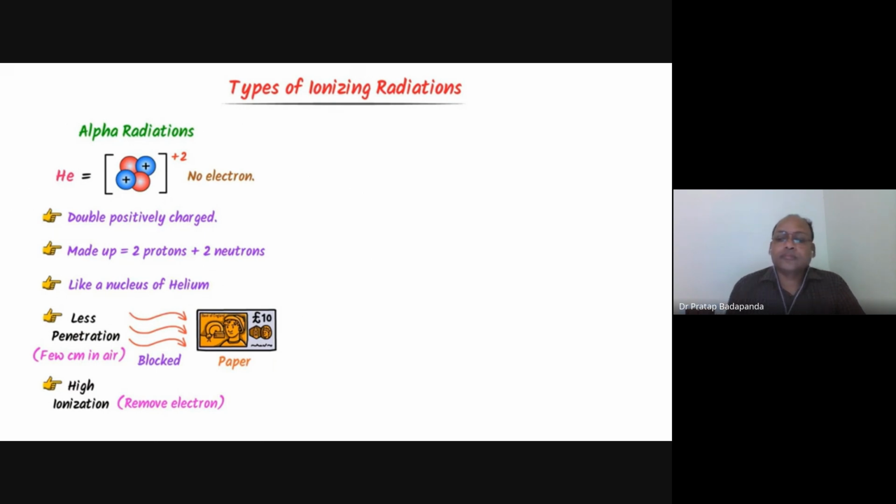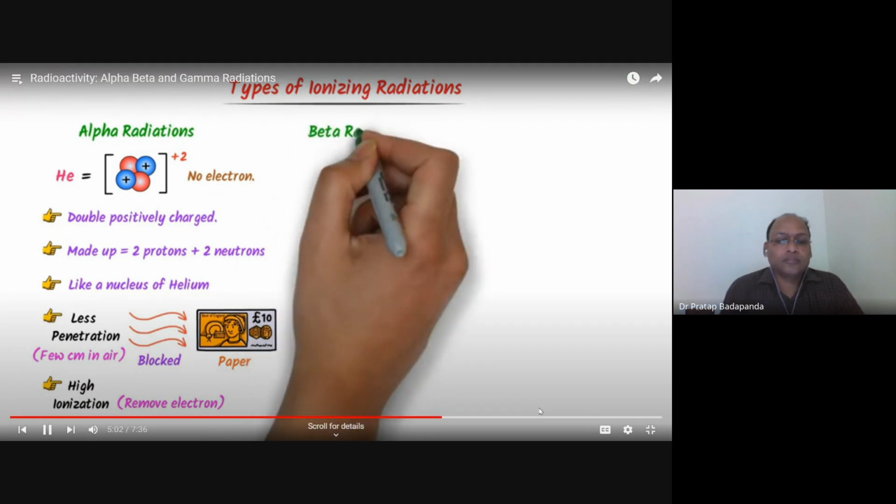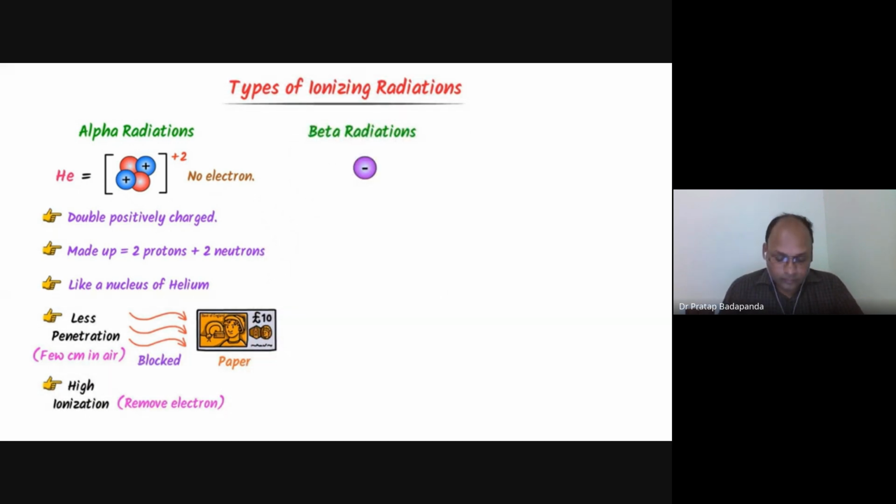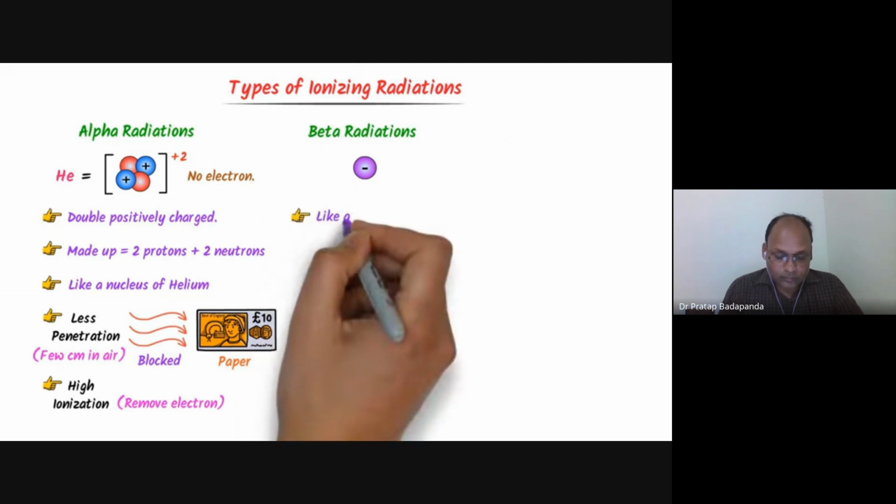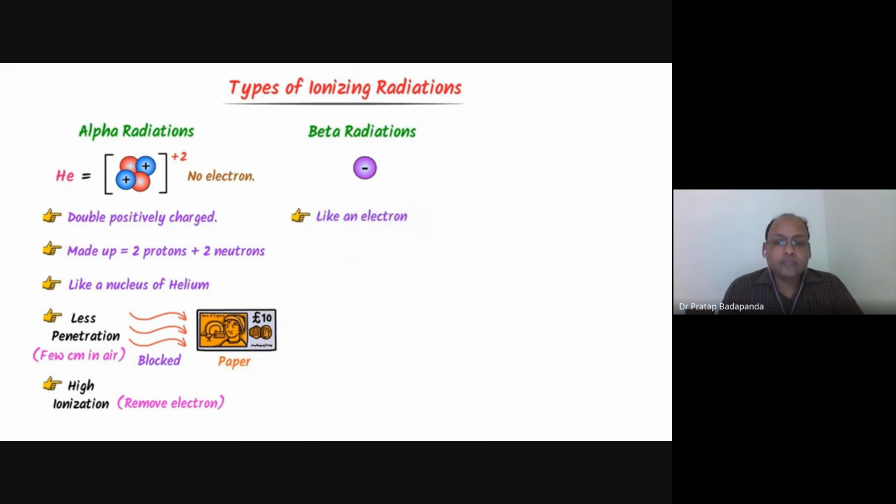The second type of ionizing radiation is beta particles or beta radiations. In nature, beta particles are just like electrons, and we know that the charge on an electron is -1. Secondly, its mass is negligible. Relatively, beta particles are very tiny.